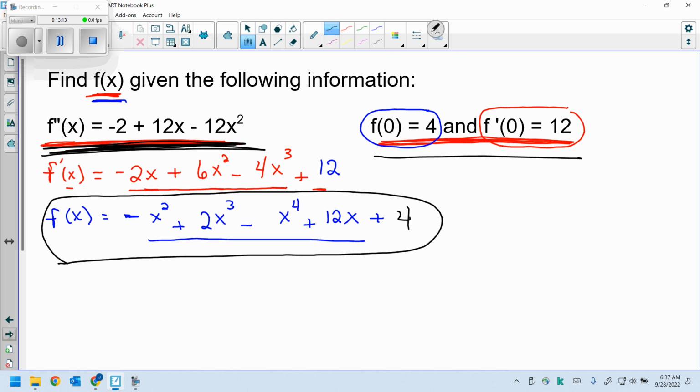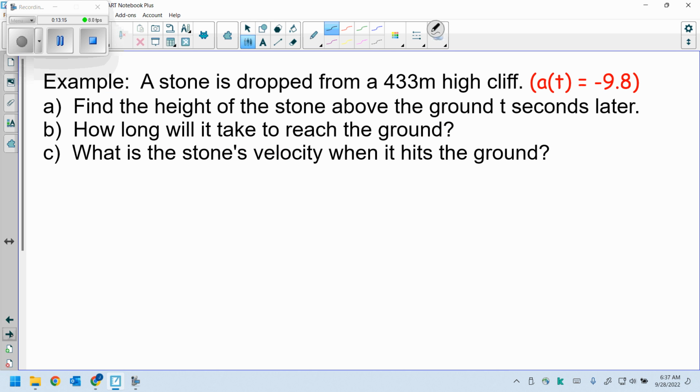All right, one more. Now, what's written in red here is not given on your slide, so make sure you write that down. When we're talking about things being measured in meters and time being measured in seconds, the acceleration that gravity causes is constant, and that acceleration is negative 9.8 meters per second squared.